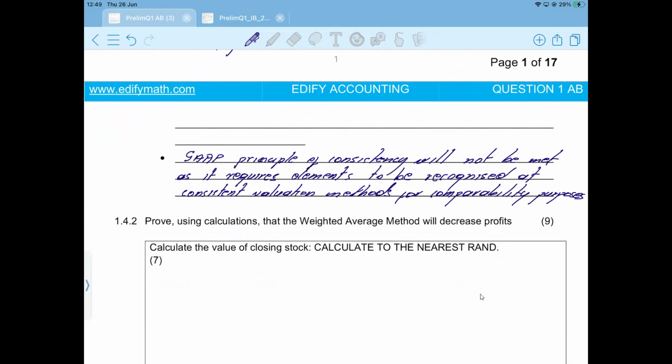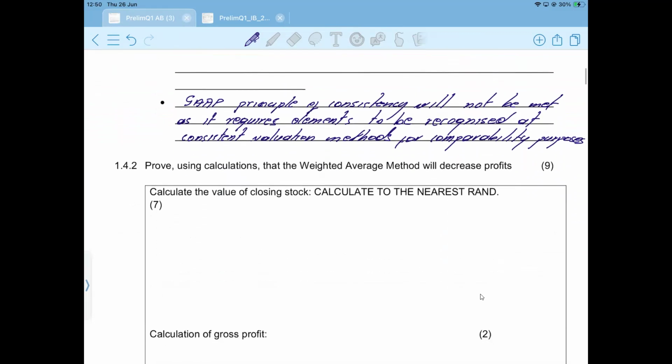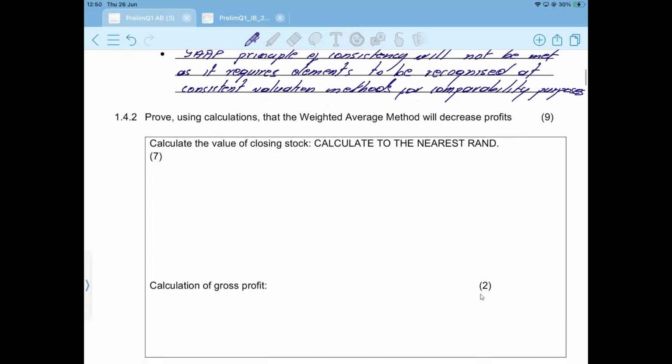So imagine, guys, your stock last year was first in, first out. This year is weighted average. How do you compare the two? You can't, because you use totally different methods. So now comparability, which is part of GAAP principles, will not be met because you need to compare apples with apples. You can't compare apples with bananas. Okay?